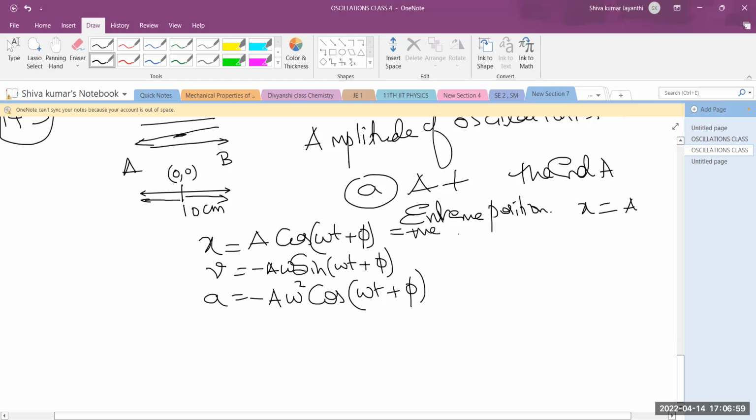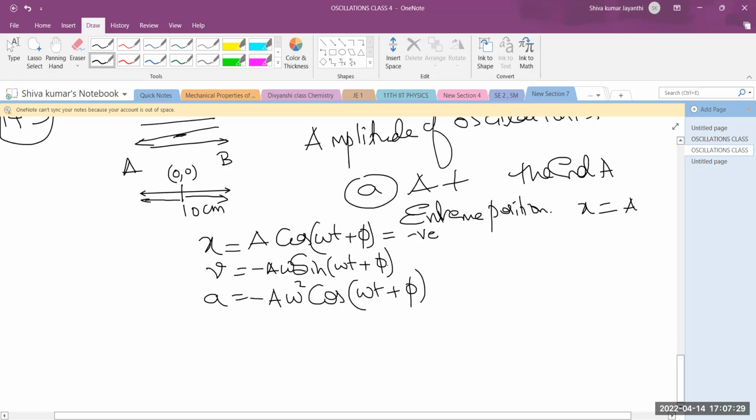So X is negative because they said direction from A to B is the positive direction.